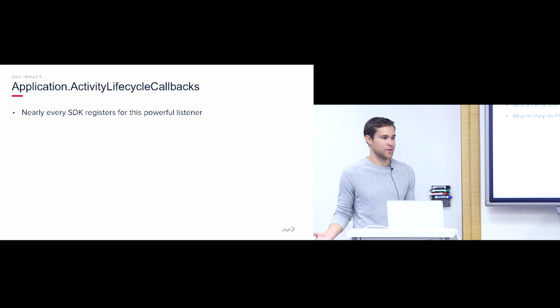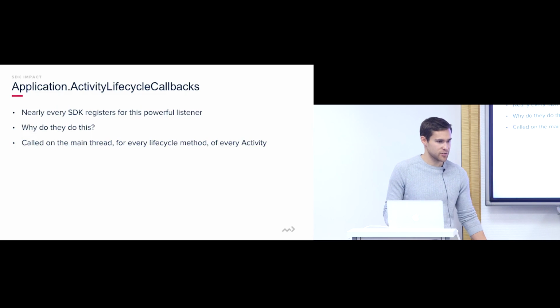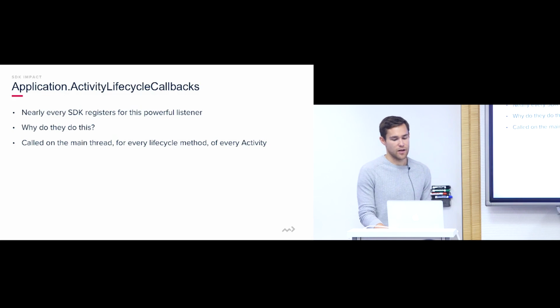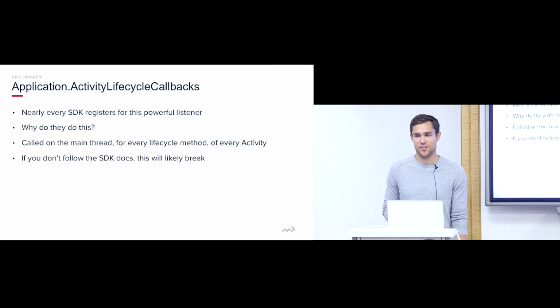There's no API for it. So at minimum, they need to keep a counter or a weak reference to an activity just to know if the user is even using the app. But SDKs very well may be doing too much during these methods, so it's important to include the profiling of these methods of your activities within your instrumentation tests. Because SDKs depend on this, you will likely break an SDK if you don't follow the directions around this.